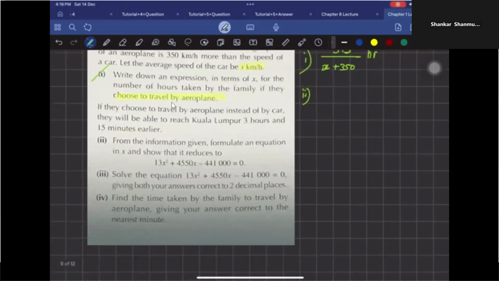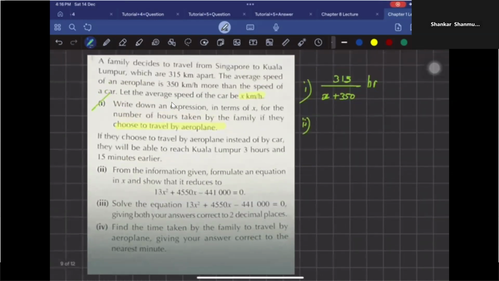And they said that if they took the plane, they would arrive 3 hours and 15 minutes earlier. Okay? So the time taken for the car is 315 over x hours, correct?